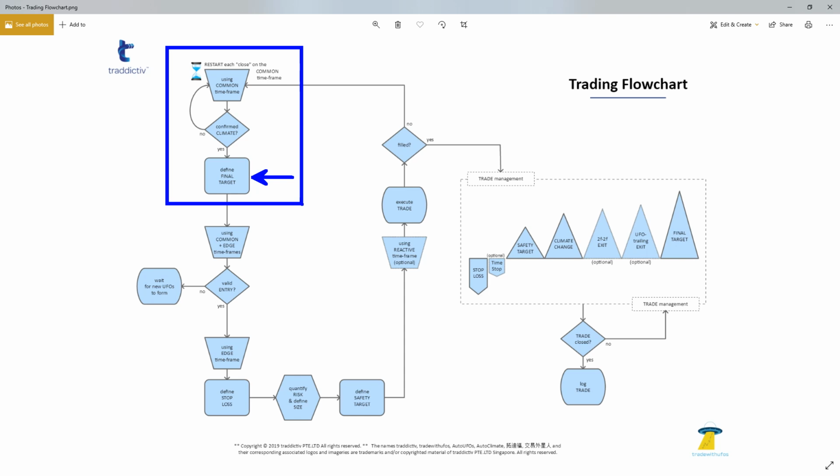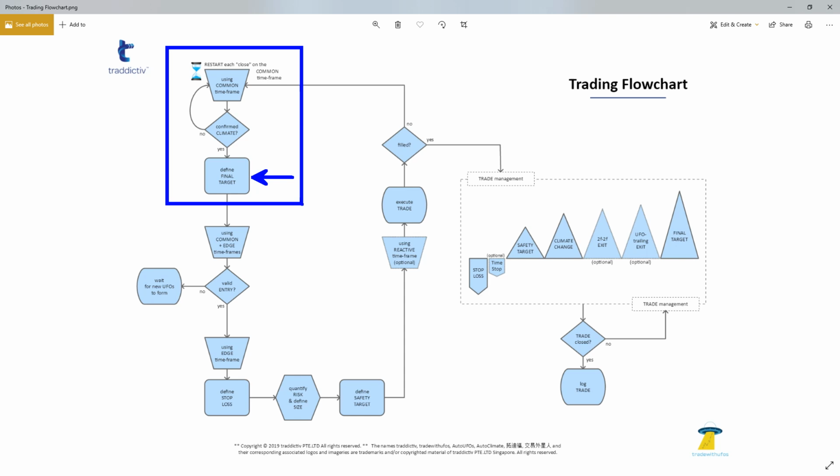This is common sense, and beyond common sense it is statistics. If you are looking at a climate which is supposed to last, let's say, 9 candles, and when you enter it's already candle number 6, obviously the probability of you reaching the very final target is less.